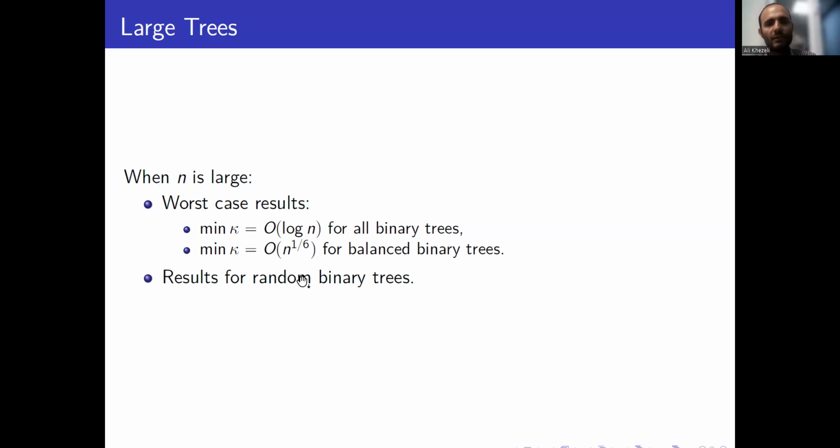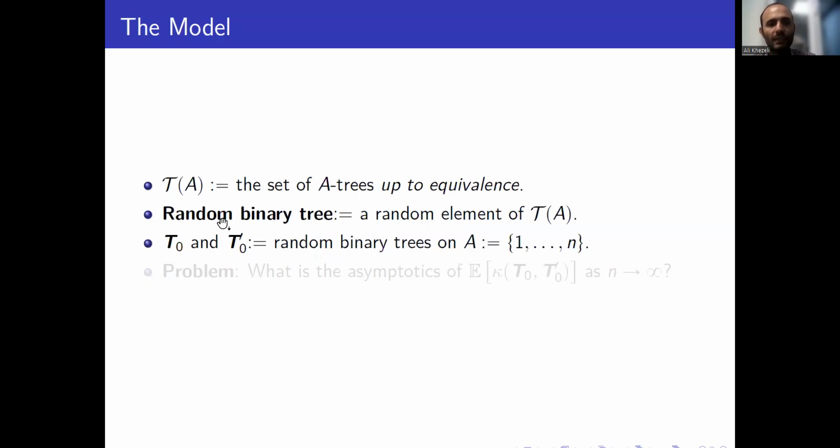Now we are looking for results for random binary trees, which means that we pick the two trees T and T prime randomly, and we want to see how large is this kappa. More precisely, by random tree, I mean this. We let T of A be the set of all trees with leaf set A, which are finitely many trees under this isomorphism.